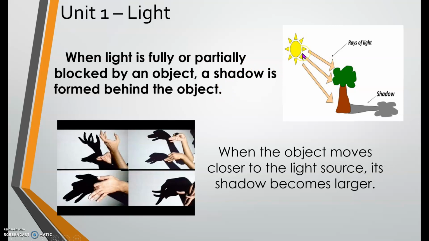When the light that is coming from the sun is striking this object, which is the tree, it blocks the rays of light. And it's forming the dark area or the dark spot that we call shadow. Everybody repeat after me. Shadow.